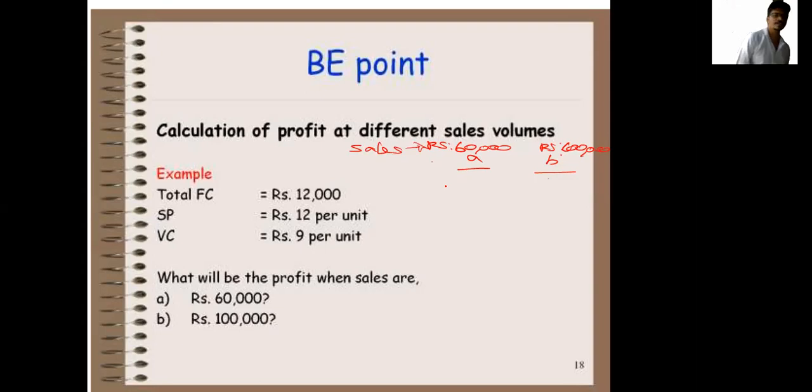Now how to calculate profit? Tell me your method. Calculate and tell me the profits. I will give you a few minutes.